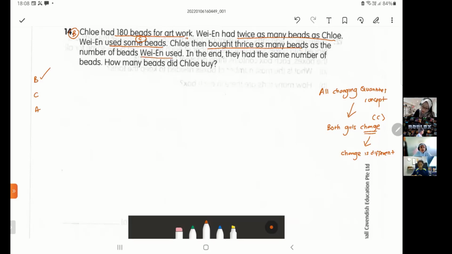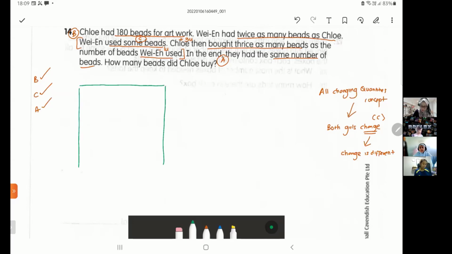Thrice means 3 units bought, plus 3, as Wei-En used, minus 1 unit. This is my change information up to here. In the end, this is my after. They had the same number of beats. I have my after. Okay, so what we're gonna do is draw out the table.